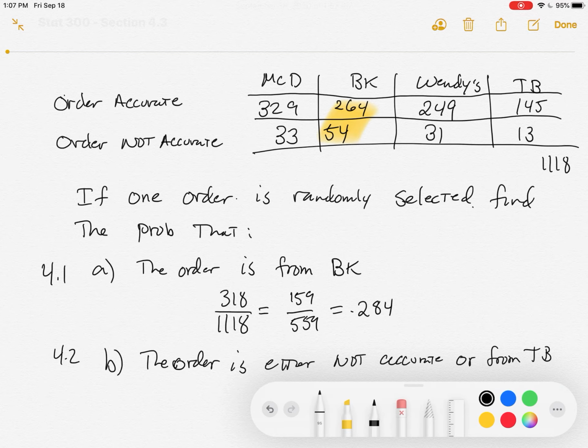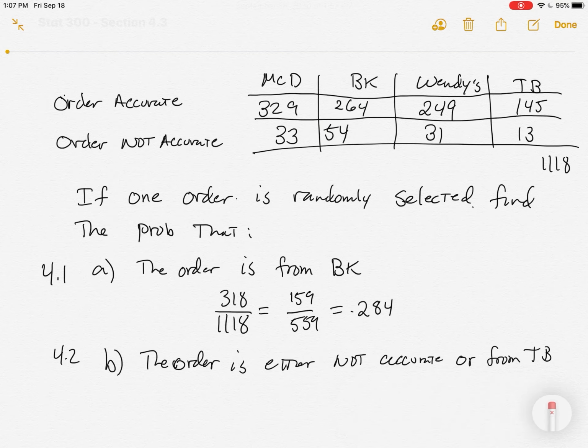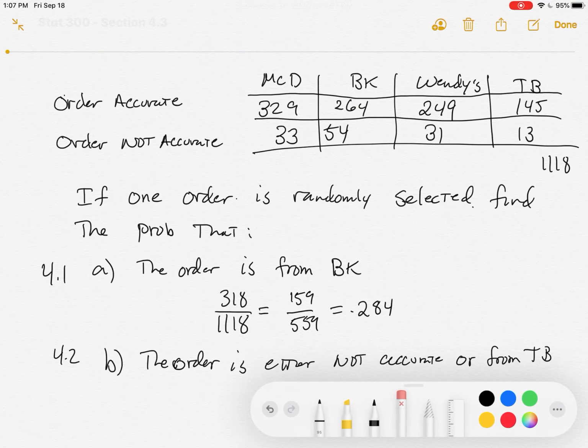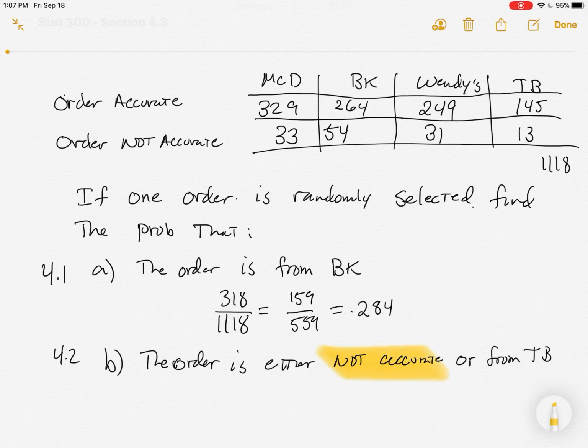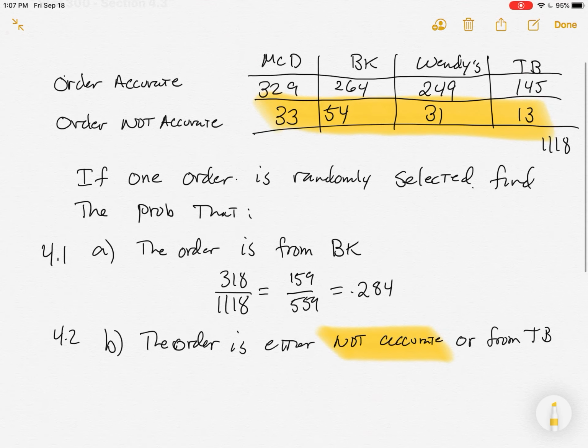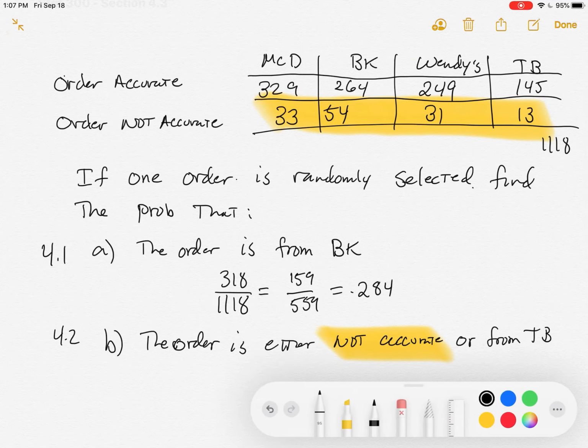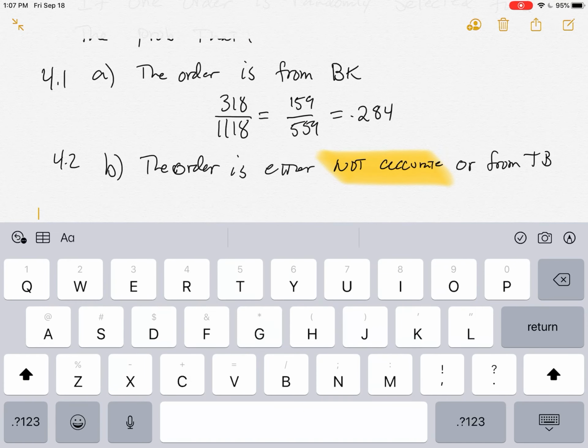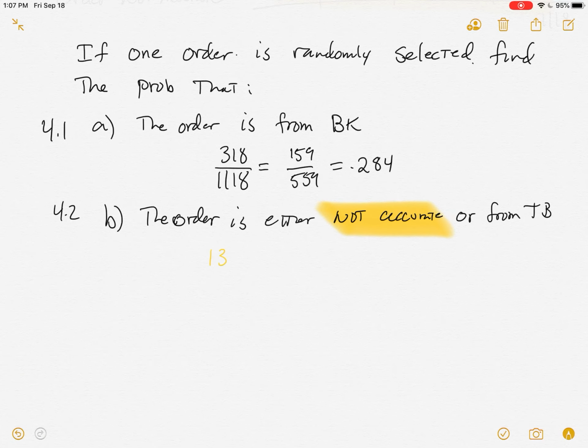Let me erase my highlights here, and let's highlight what we want. We want the order to be not accurate. Let's go get all the not accurate orders. There they are, right at the bottom there. So let's see how many those are. The not accurate orders are 33 plus 54 plus 31 plus 13, and we have 131 orders that were not accurate.